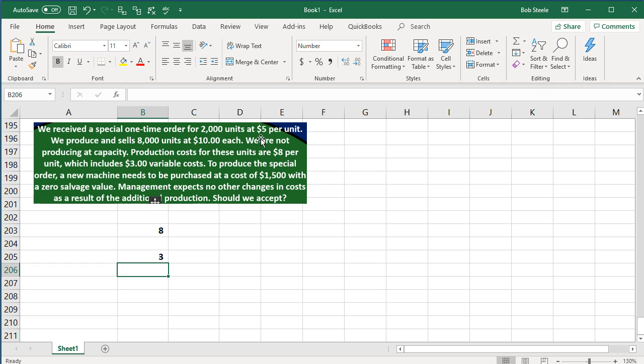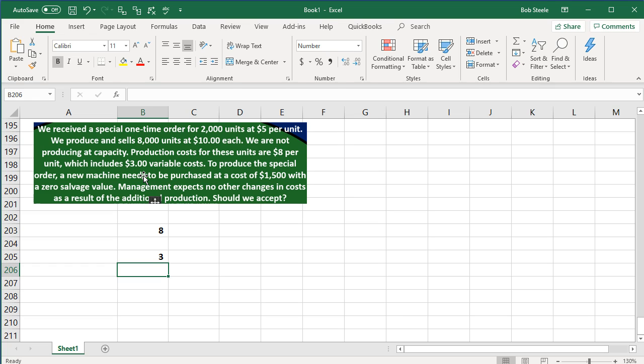That's all we need to break out if they're only asking whether we should accept the offer or not. From a financial perspective, we are going to be better off, because only $3 of this is going to be a variable cost. The rest of it, we're assuming, is overhead that wouldn't go away either way if we accept or decline the offer.